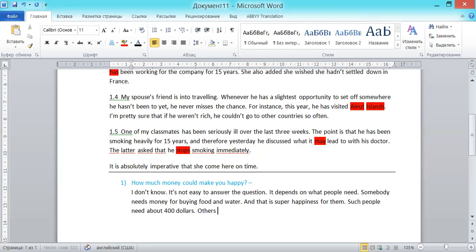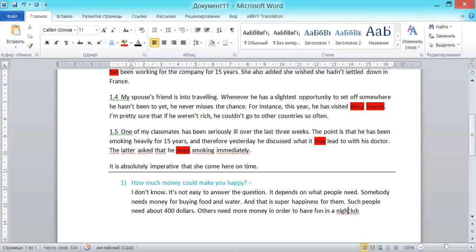Others need more money in order to have what, for example? Okay, in order to have fun in a nightclub.